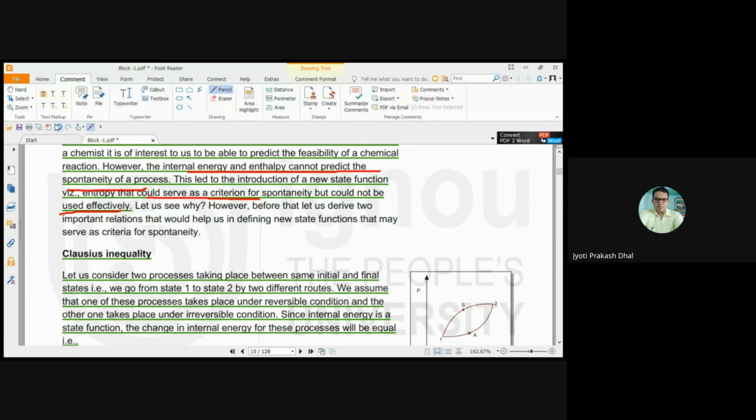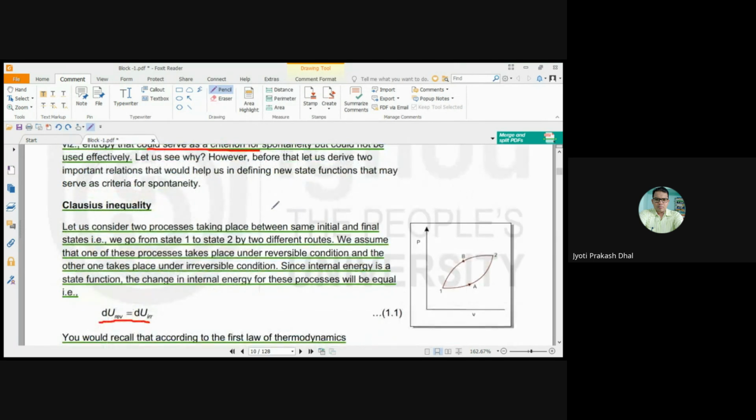You have also studied entropy, which somewhat serves as a criterion for spontaneity but cannot be used effectively. So in this chapter we will discuss what is the perfect criterion for the spontaneity of a process.